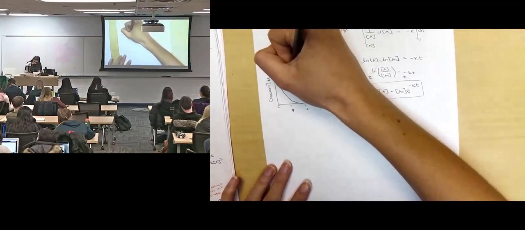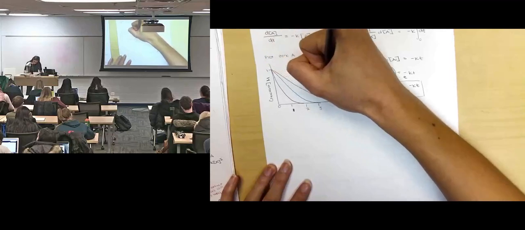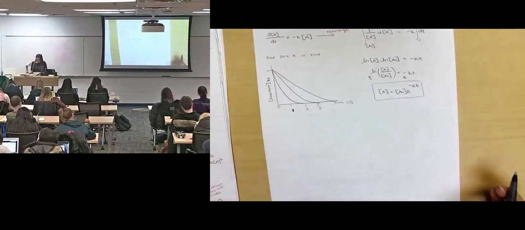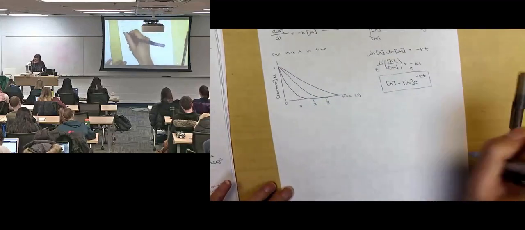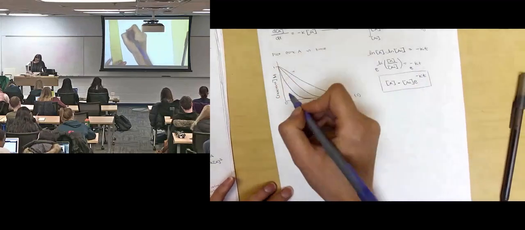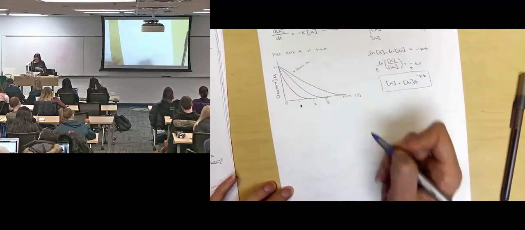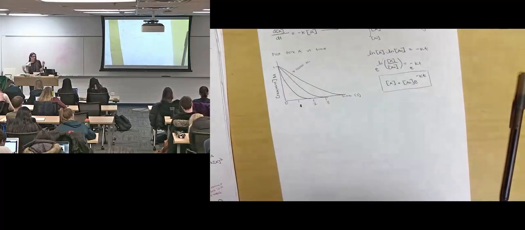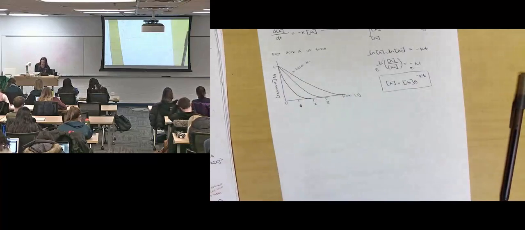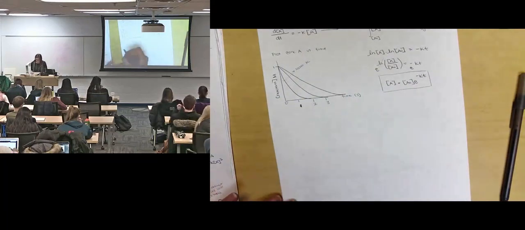So we have a couple different curves. So sort of same as before, lower rate constants, k, are going to have sort of a shallower decay. You're going to have sort of longer time points before you see absolutely no reactant in your forward direction.